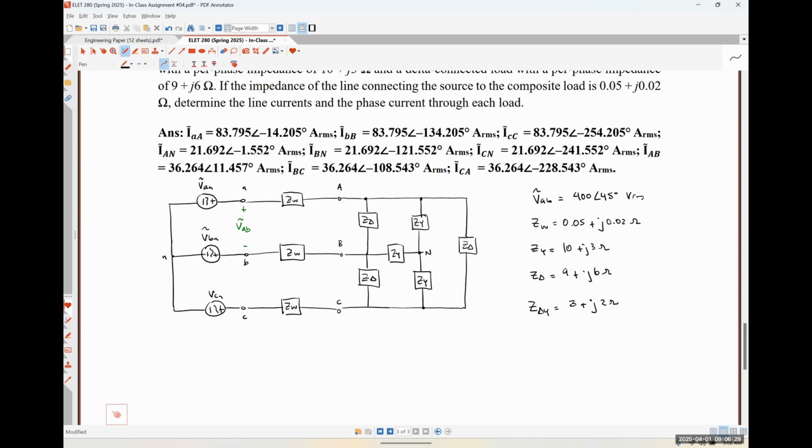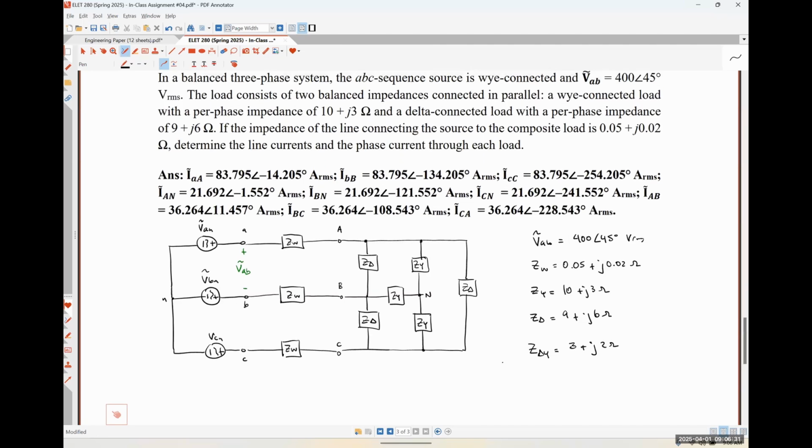So from here, let me identify the things that we are interested in. We're trying to determine our line currents. So I'm just going to represent that by a single line current, IAA, like so, because we know if we know this one, we can get the other ones very easily. And then I'm going to have my phase currents, okay?